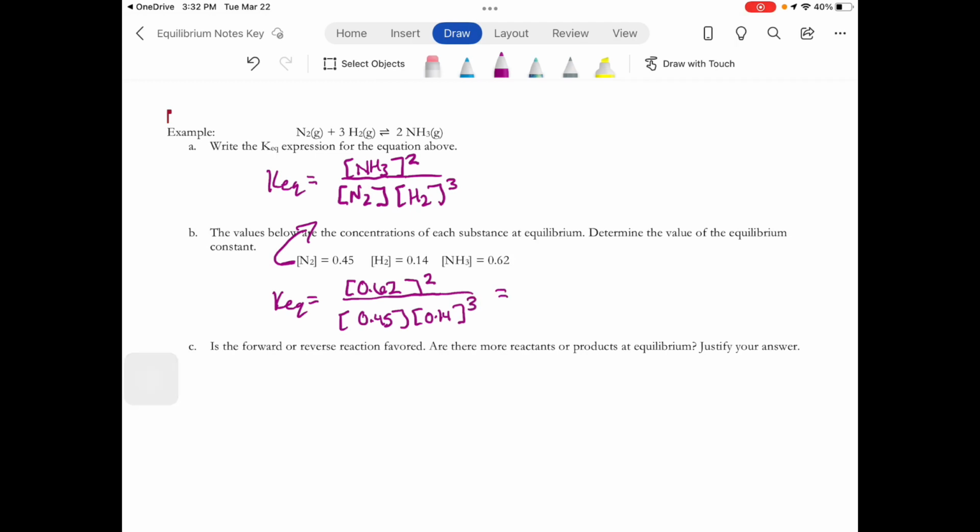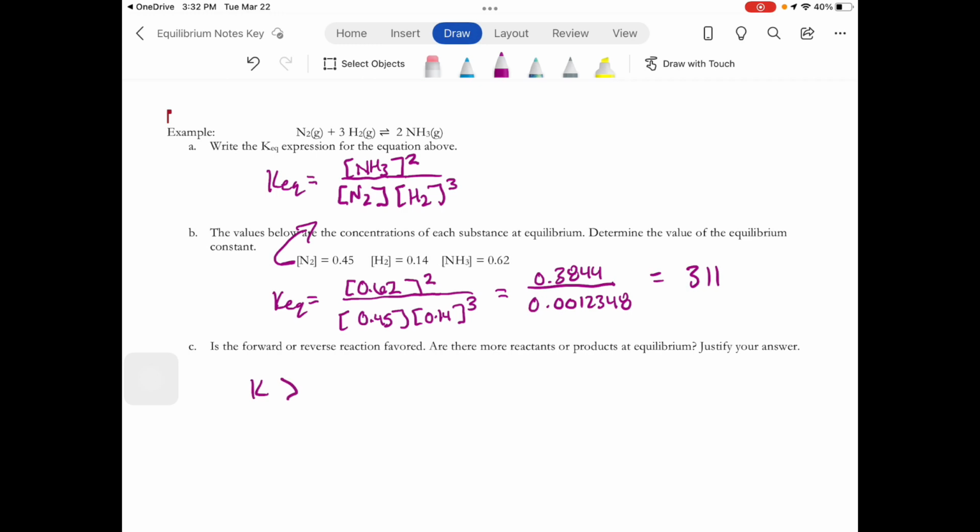I would recommend doing the top and then doing the bottom. So 0.62 squared is 0.3844. Do not round here though, as best you can. Then I would take 0.14 and cube it and multiply that by 0.45, and I get 0.001238, and then take the top number and divide by the bottom number. And I get 311.